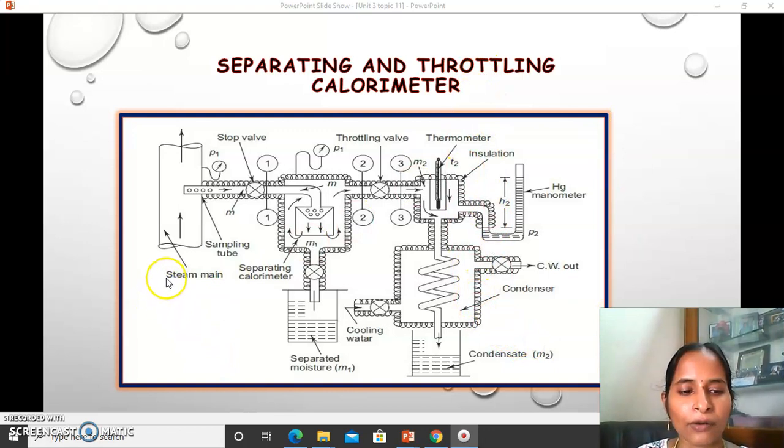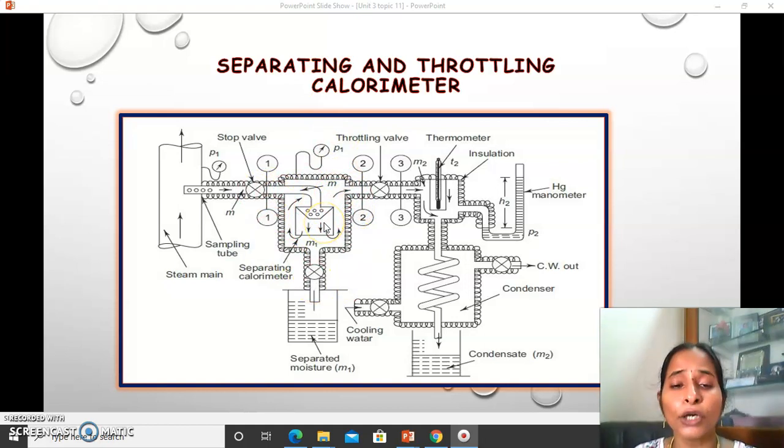Let me explain one by one how it works. From the main steam point, after the steam has been produced in the boiler, it enters this sampling tube along with the transverse tubes, and first enters the separating calorimeter.